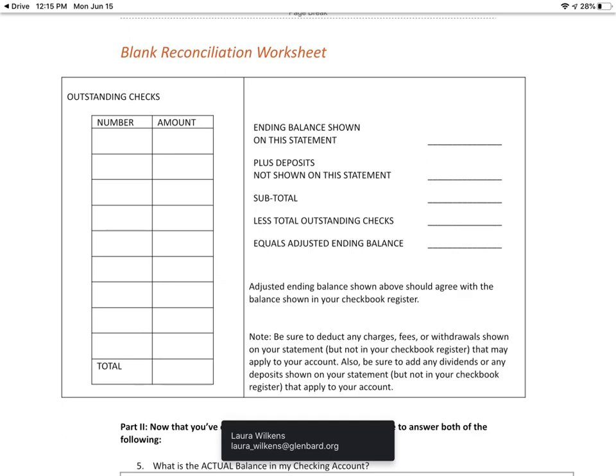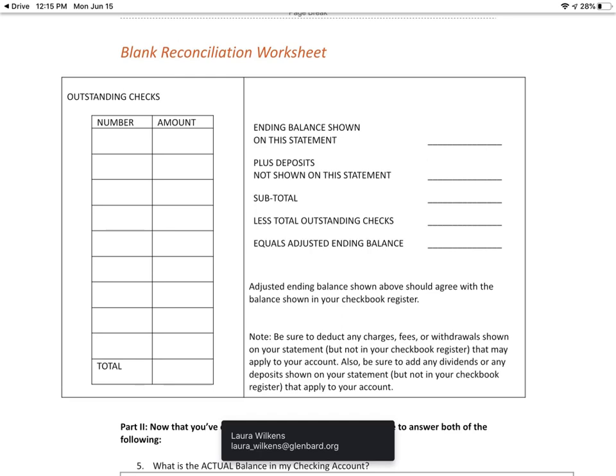And we are going to write out what the bank doesn't know that you have in your own check register, but that was not on your bank statement. For instance, check number 6804.